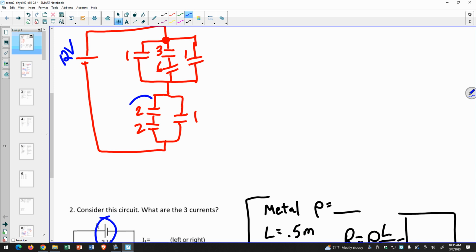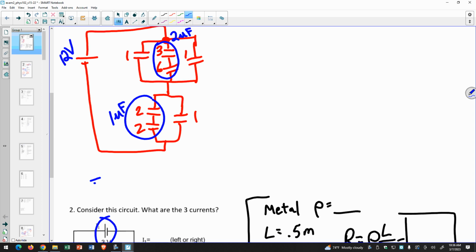I see that I have two 2 microfarad capacitors in series, 1 over (1/2 plus 1/2). That's equal to 1 microfarad. And then I have a 3 and a 6 microfarad in series. 1 over (1/3 plus 1/6) is 2 microfarads. And then I can begin combining those.